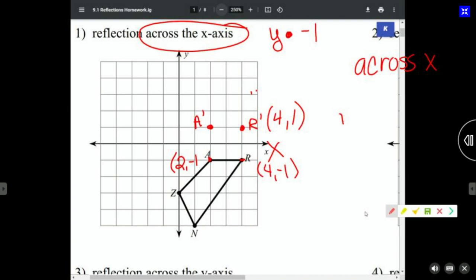What's that coordinate? 2, +1. Notice the x stayed the same, right? But I did y times -1. What about Z? Look at your Z. See if you can come up with what your Z prime should be.